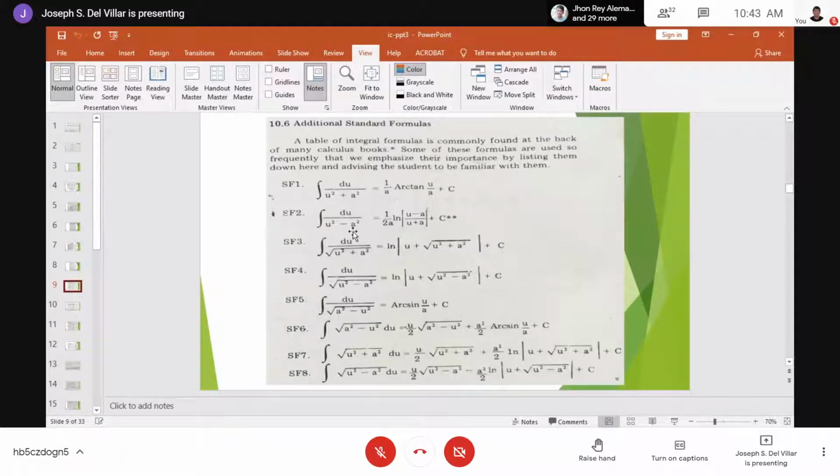Once balanced, you can apply it: 1 over twice the constant, so 1 over 2a, times the natural log of the absolute value of the variable minus the constant all over the variable plus the constant, plus c.